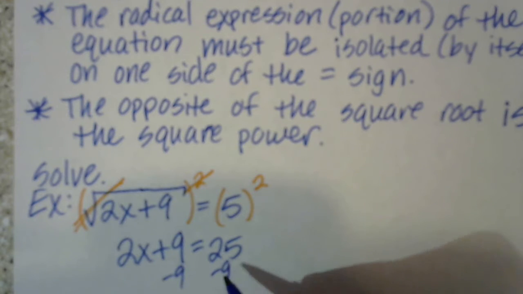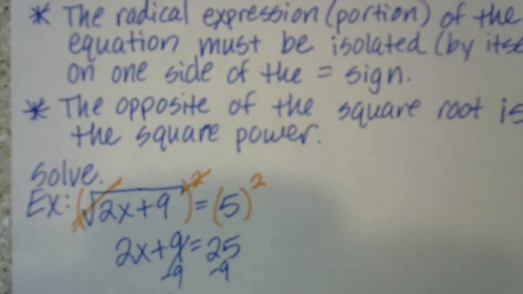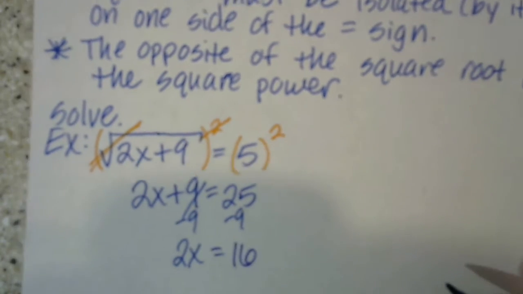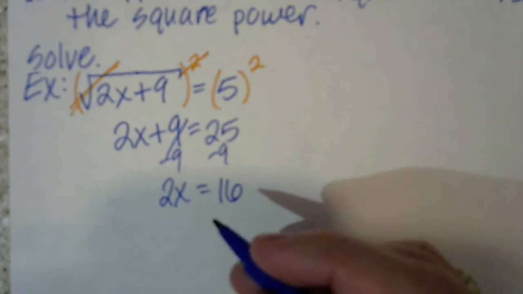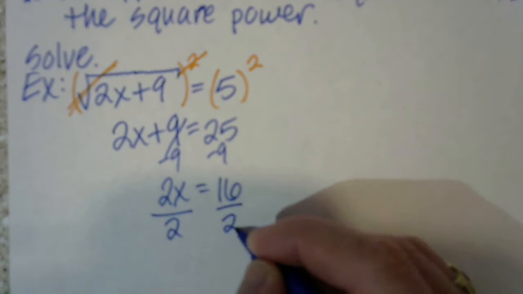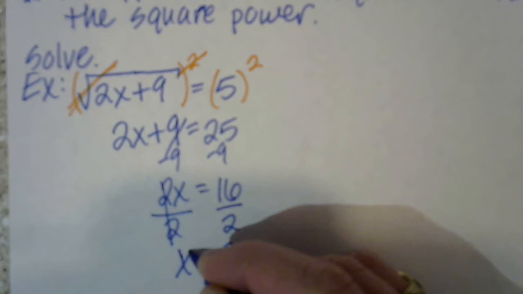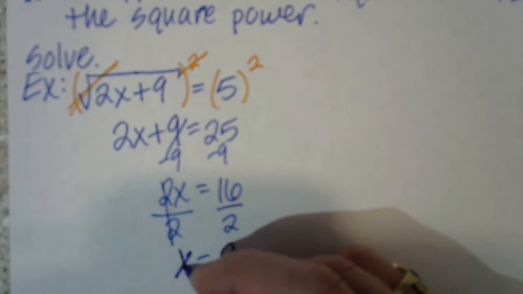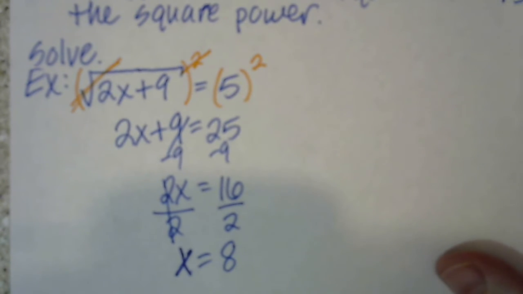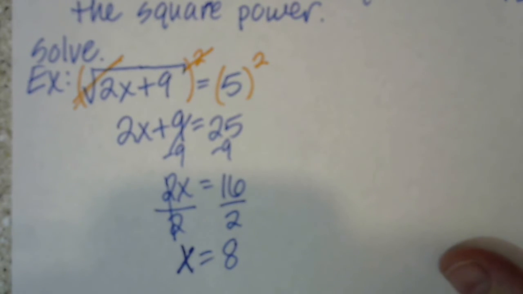Minus 9, 25 minus 9 is 16. And as I keep going to solve this equation, I'm going to have to divide by 2. And I get x is equal to 8 for this particular problem. Okay?